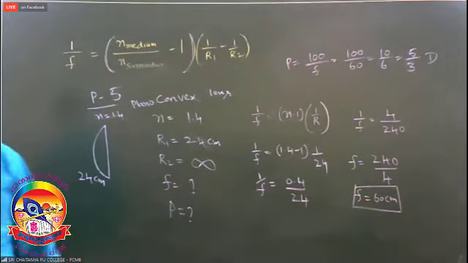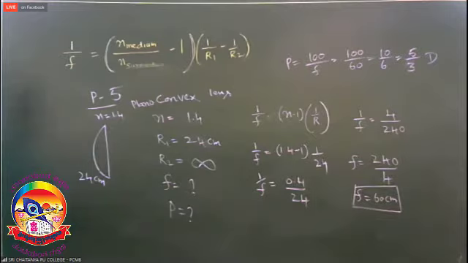If it is 6 by 3, nearly 2. We can cancel. 1.67 diopters. So like this, we can solve the problems on the lens maker formula by using the appropriate formulas.